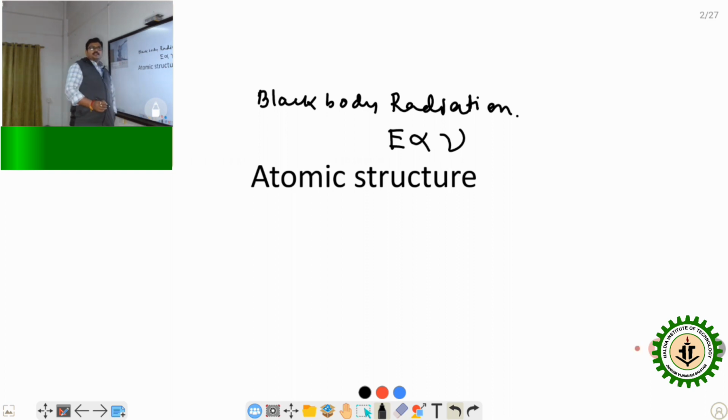Earlier, in classical mechanics or in Maxwell's electromagnetic theory, energy was proportional to the intensity. But since Planck said energy is proportional to frequency, if you equate, you will find E is equal to h nu. We all know h is the Planck constant.